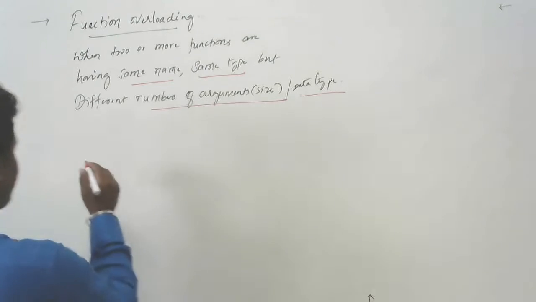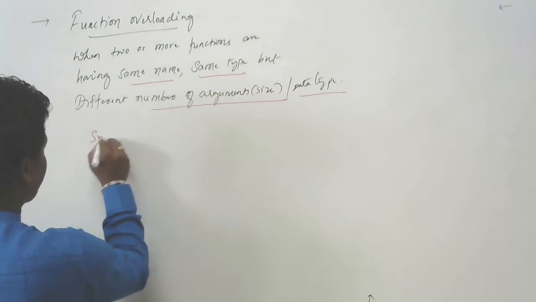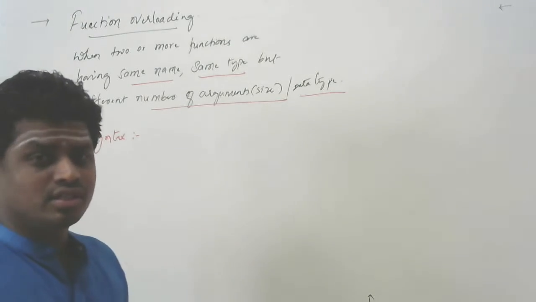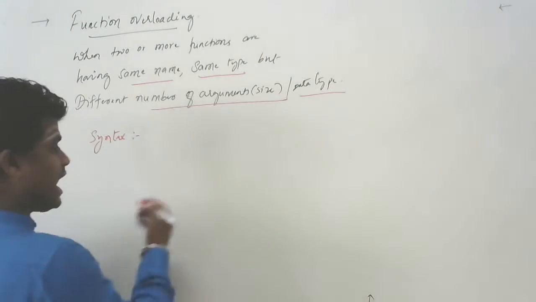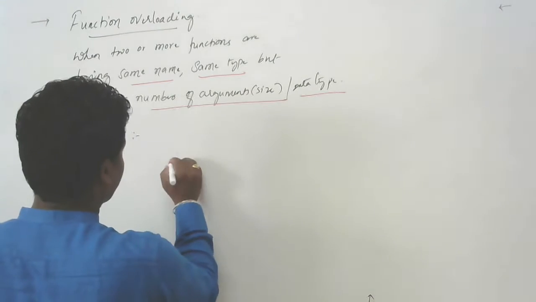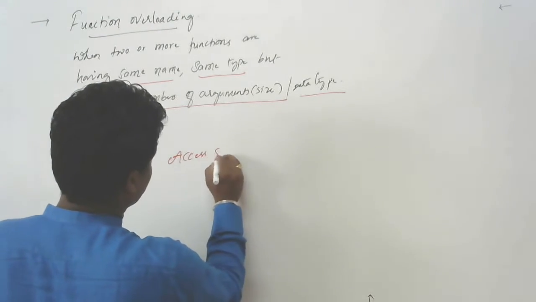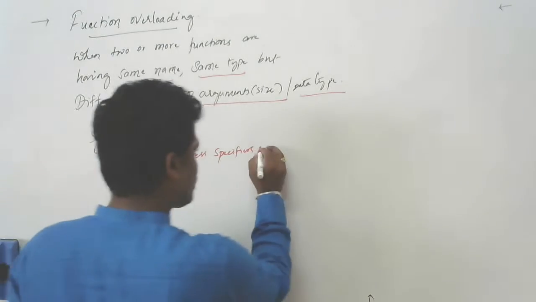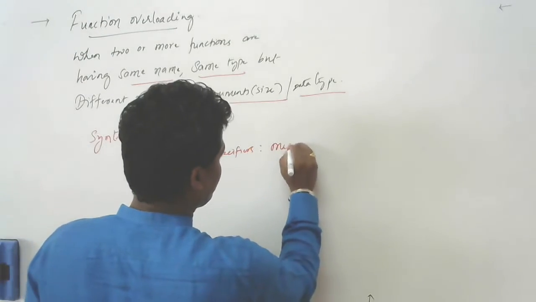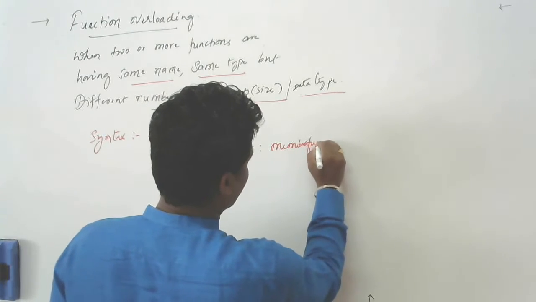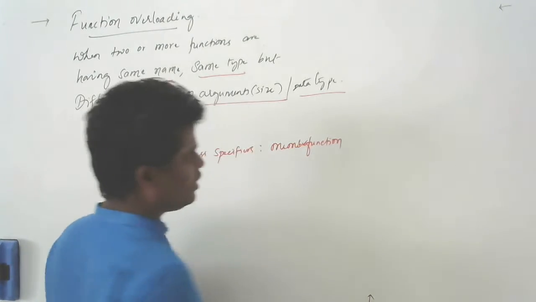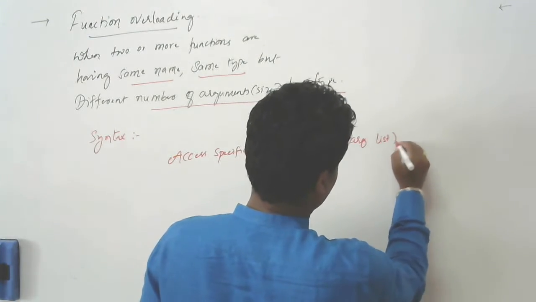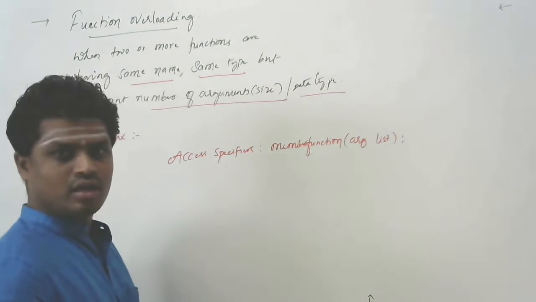We'll see the syntax of this, how it is supposed to be. How we declare the member functions inside the access specifier: directly write the access specifier, colon, then the member function with the argument list, semicolon.